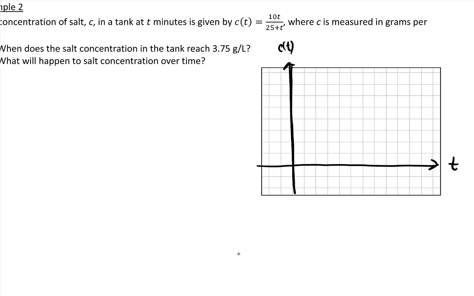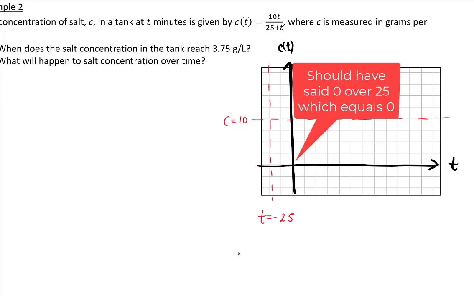Again, the key features of a rational function are the vertical and horizontal asymptote. We know we have a vertical asymptote at t = -25. And we have a horizontal asymptote at C = 10. We also have a y-intercept. If we let t equal 0, we get 10/25. So let's just say that's here.